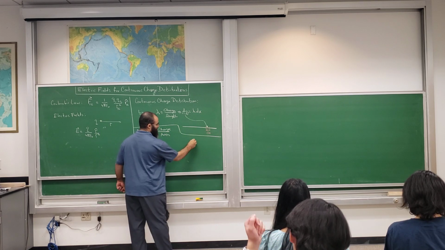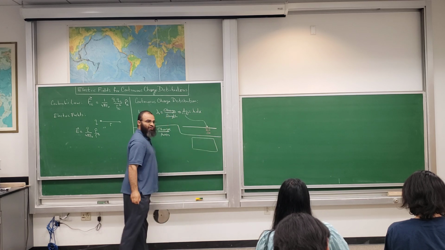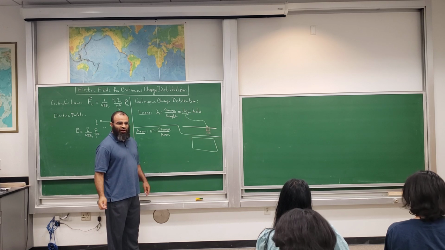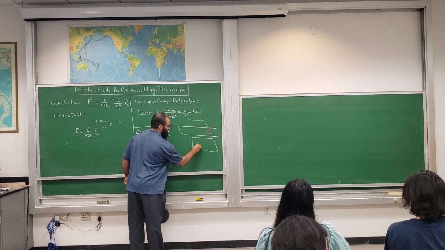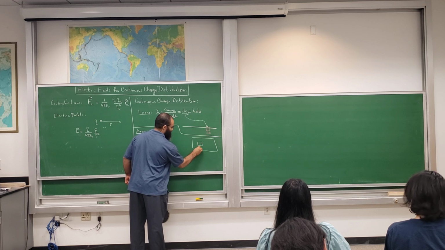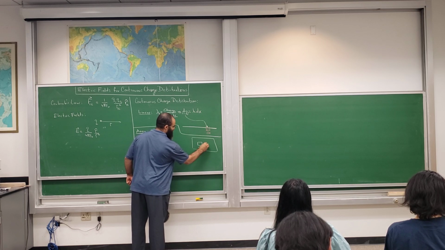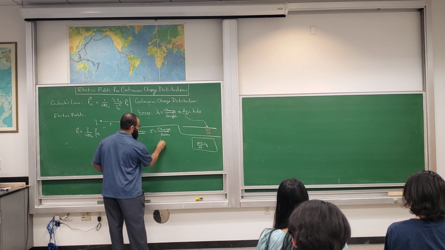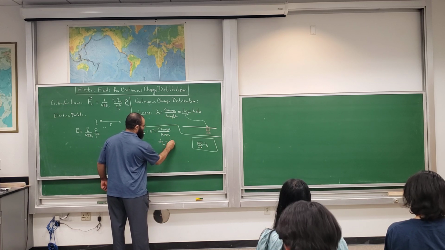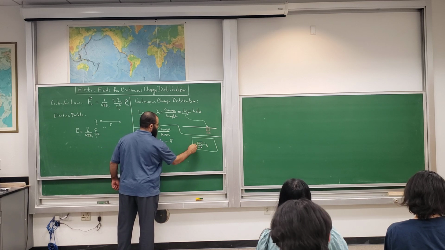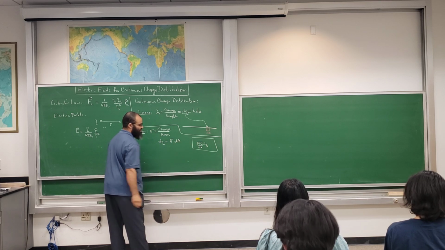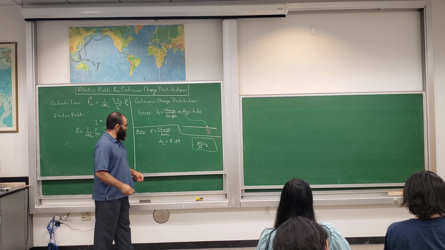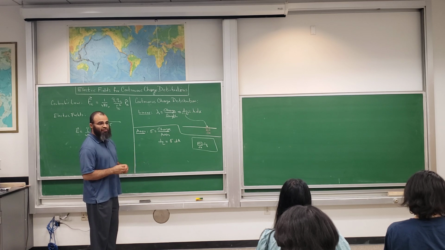So if you have, let's say, some shape like this rectangle, and you ask, how much charge do I expect to find in a little area dA, which is dx in this direction, dy in this direction? How much charge do I expect to find in here, dq? Then dq would just be sigma times the area, this little area, which is dA. If it's rectangular coordinates, dA is just dx times dy. That's how much charge you expect to find.